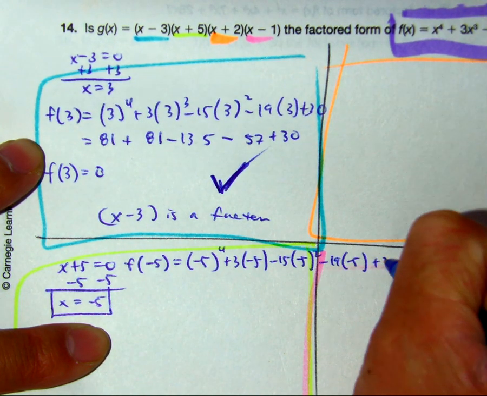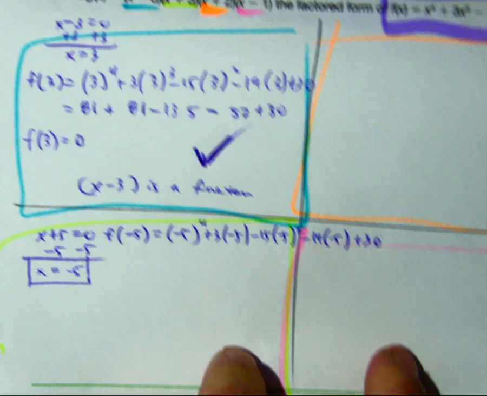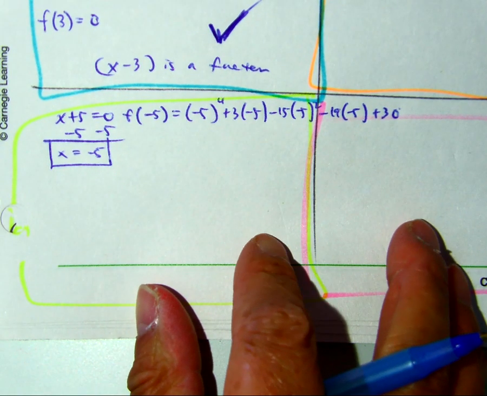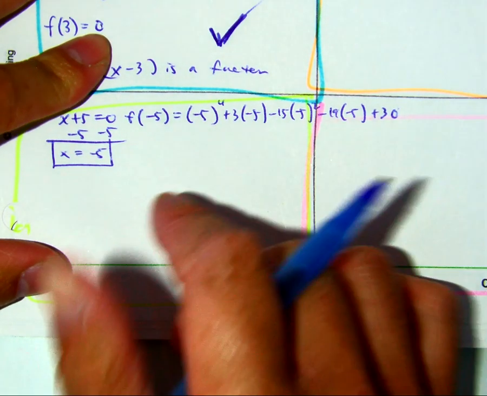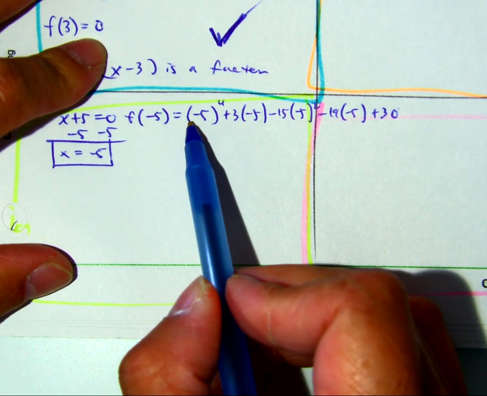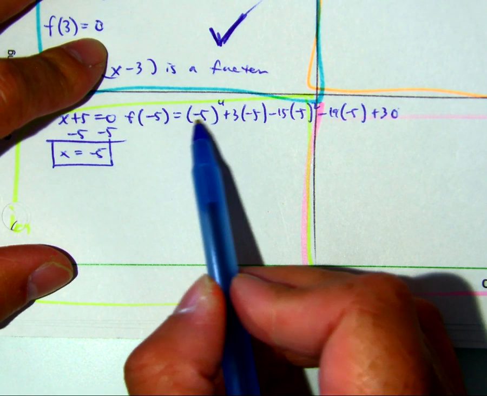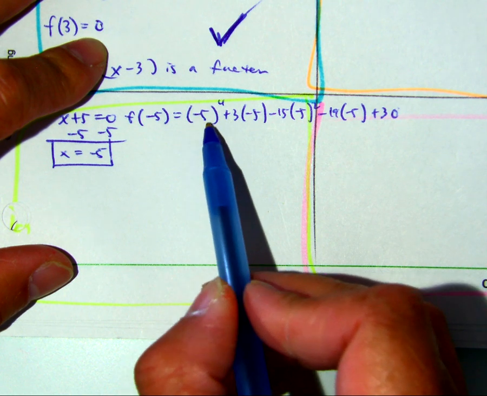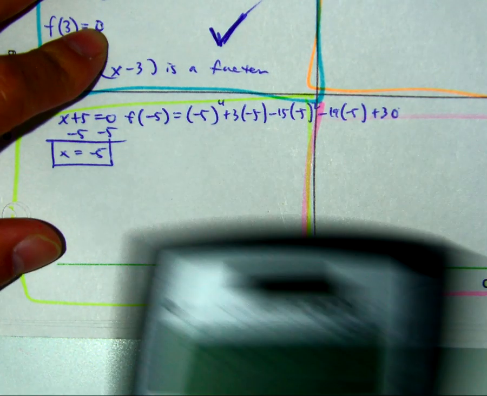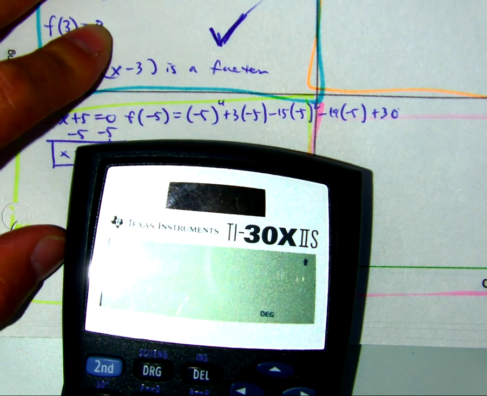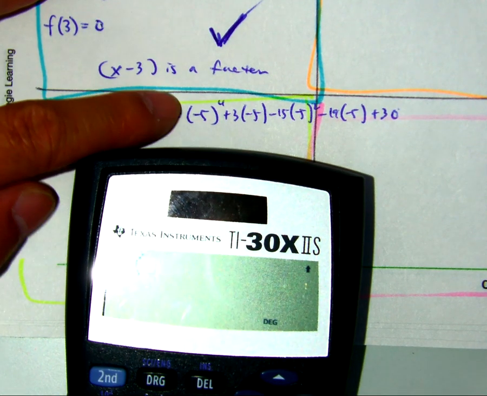Ran out of space. Okay. Here, did you guys notice every time I'm replacing the x, it's with parentheses. Very important, because if you're using your calculator, I'm going to put everything in parentheses in the calculator.